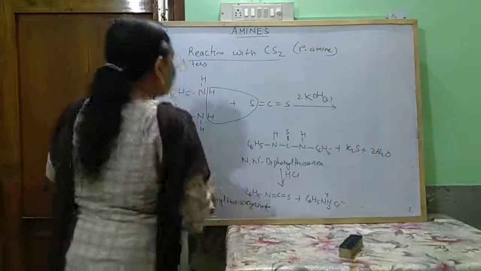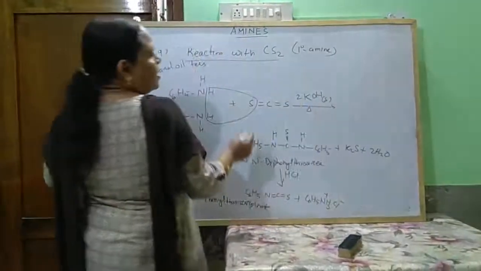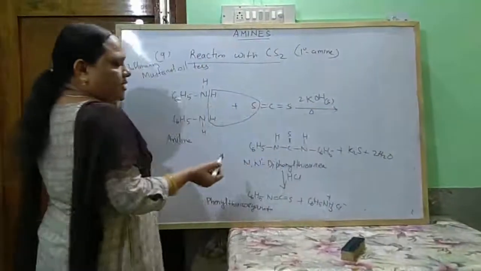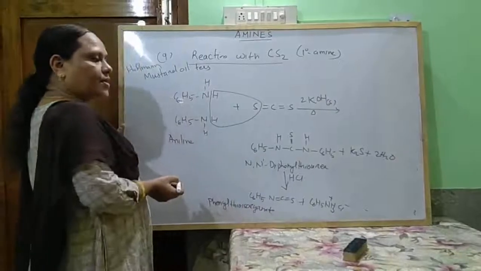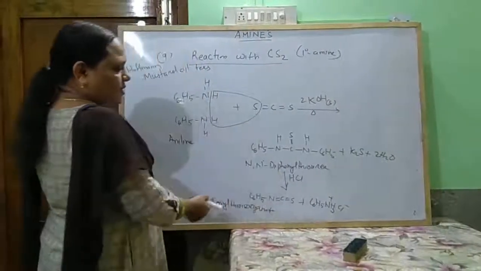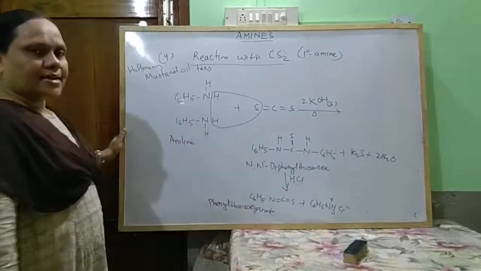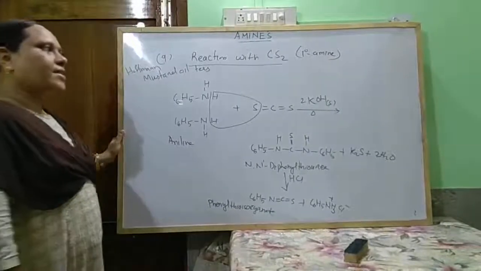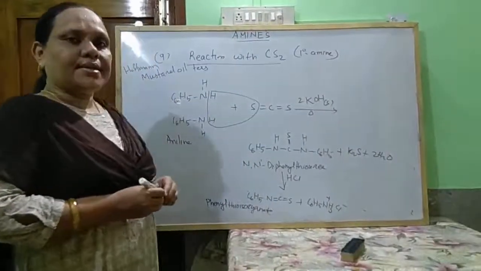So aniline, when heated with carbon disulfide and solid potassium hydroxide, forms N,N'-diphenyl thiourea, which is decomposed with hydrochloric acid to form phenyl isothiocyanate. This reaction is known as Hofmann mustard oil reaction, and this is only given by primary amines.